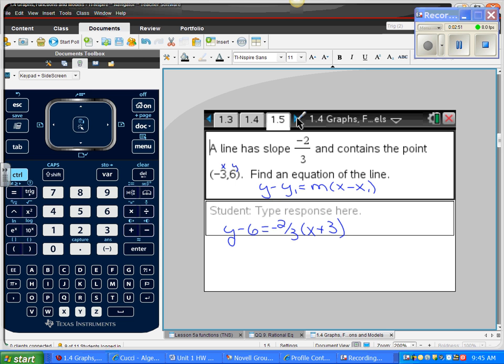First thing I need to do is distribute. y minus 6 equals -2/3 x minus 2, right? -2/3 times 3 is -2. Last step is to add that 6 over. We get y equals -2/3 x plus 4. Now that's in our y equals mx plus b form.